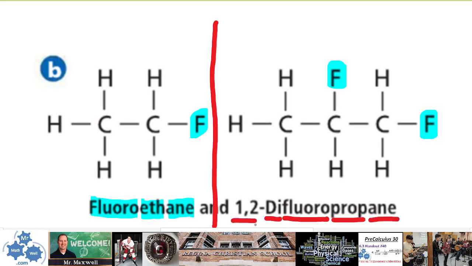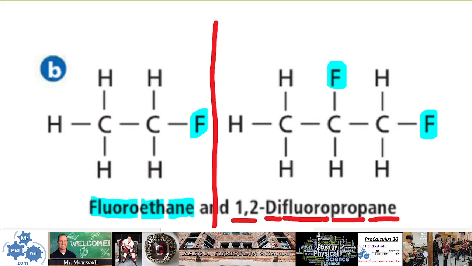Naming is now starting to get a little bit more complicated, as we have to account for the carbon numbers that these things are attached to. We also have to account for the types of substituents or functional groups that we have in this compound, and of course the naming of the number of carbons in the chain and the type of bonds. So that's where you get this from.